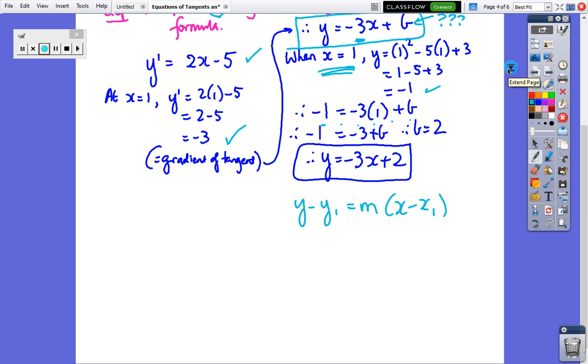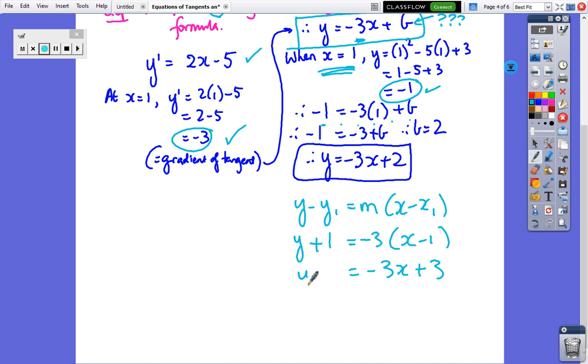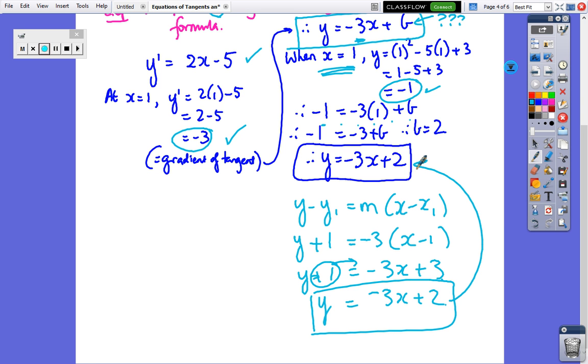So we've got y, and the y value is -1, so that'll turn into +1. The m value is -3 bracket x minus 1, multiply out, put the plus sign there, and then take the +1 across, which will become +3 becomes +2, and lo and behold, it's the same.